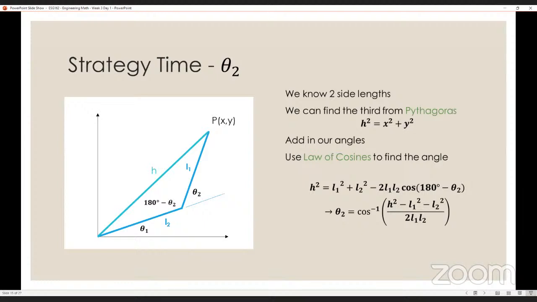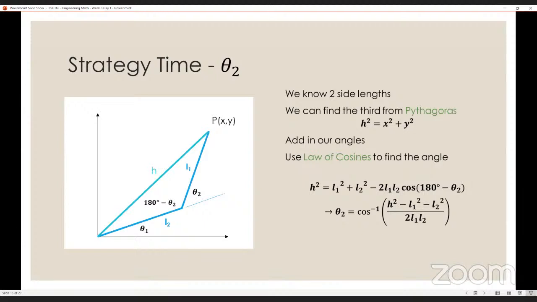So we know the length, and we know one angle: law of cosines. Now, notice on this particular one that the 180 somehow magically disappeared here, and I don't know where it went. I didn't make this slide. I'm going to have to have words with Dr. Jones about it.